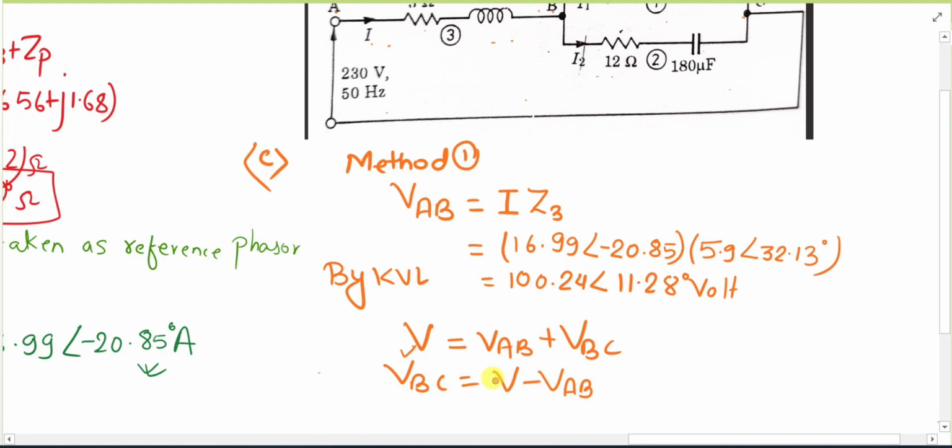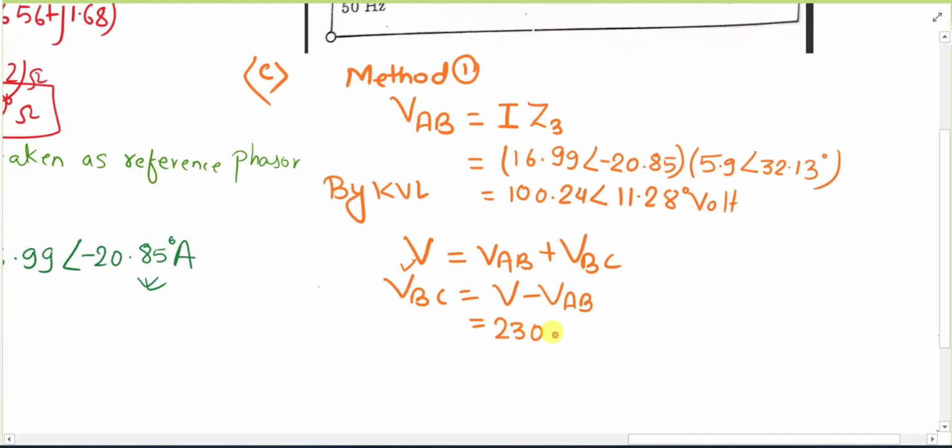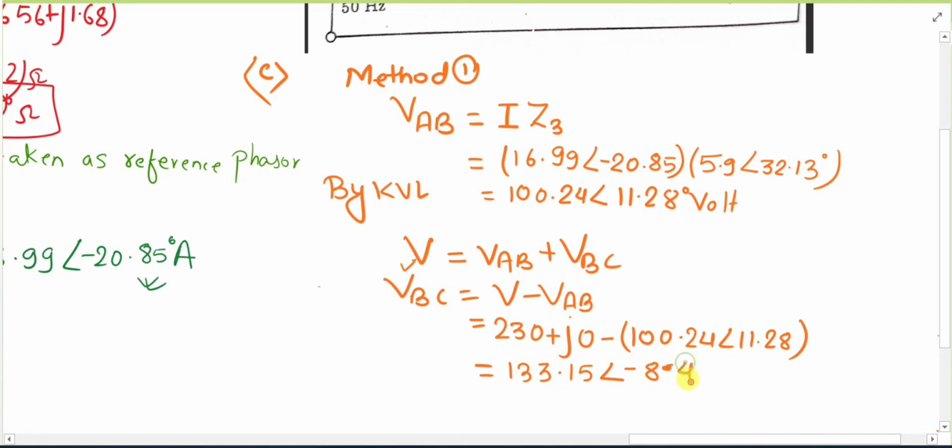Your V is 230 minus the VAB which you found earlier, so your VBC will be 133.6 angle minus 8.46 degree volt. So this one will be the voltage of BC.